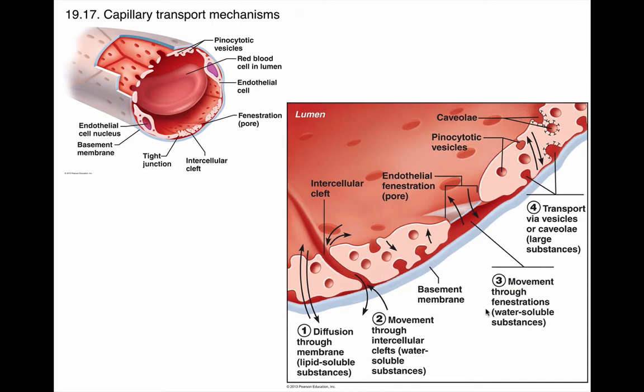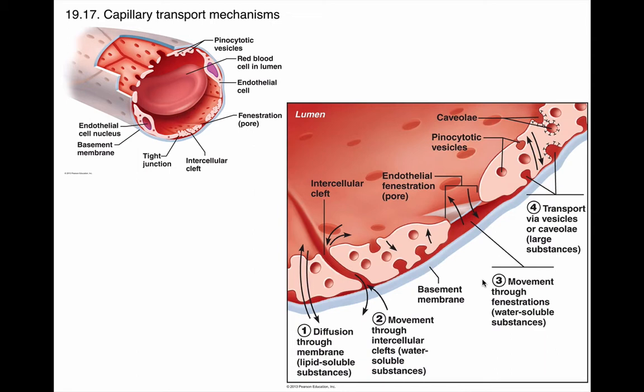And then last, the other way materials can pass through is through the fenestrations. As you'd expect, this would only be true for fenestrated capillaries, although larger materials can also pass through the sinusoidal capillaries too.